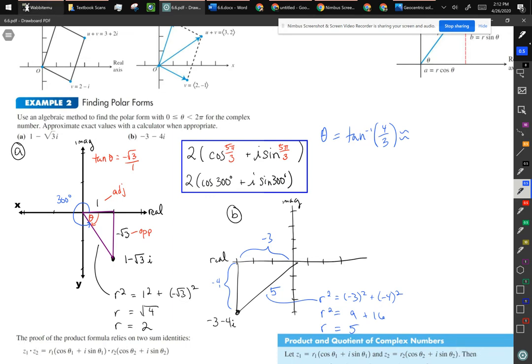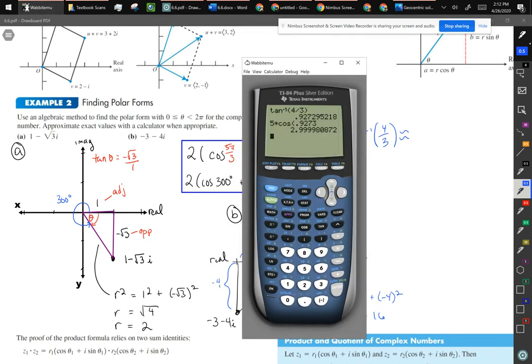You put that in your calculator, which I did before, and you get 0.9273 approximately.